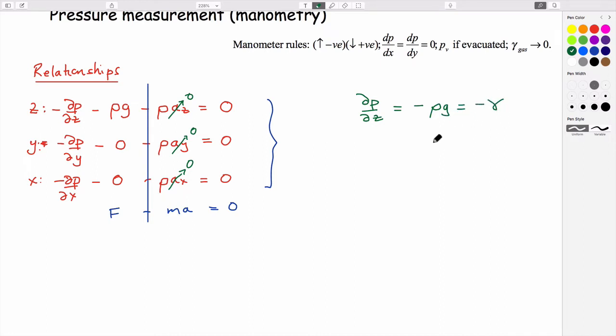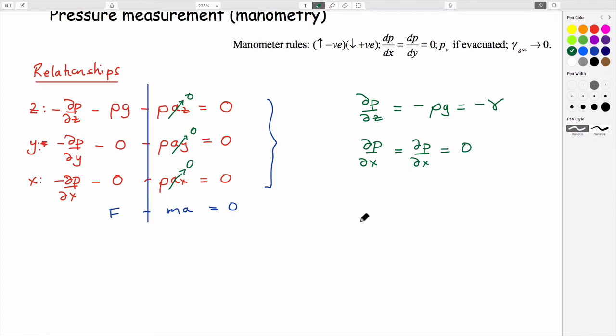This is always true, and that comes directly from this first expression. And from the other expressions, the other self-evident truth is that pressure changes in the x and in the y directions, and I hope you're making the distinction between pressures and densities, are equal to 0.